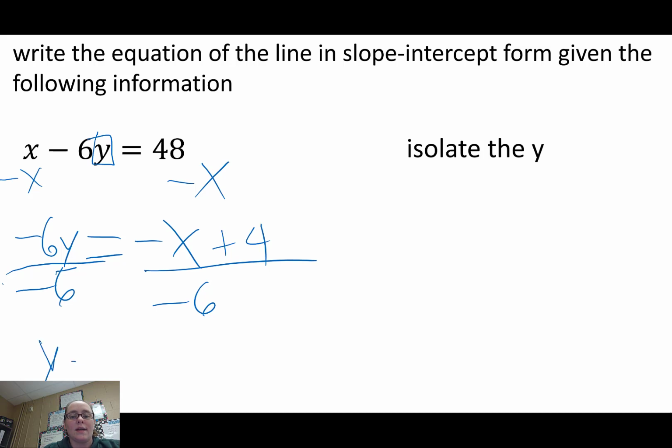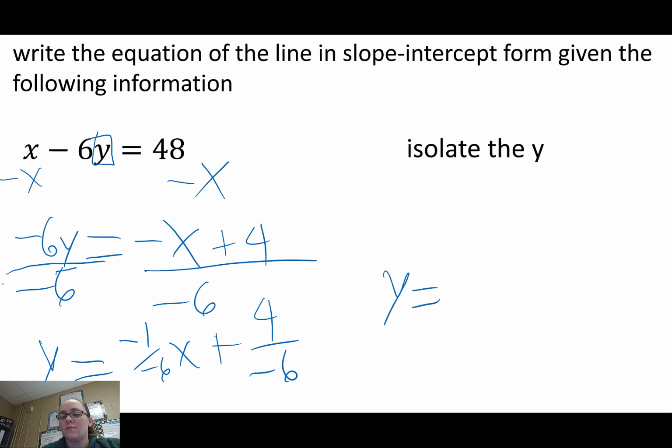And I get y is going to equal, well, I've got a negative 1 divided by negative 6x plus 48 divided by negative 6. So we can simplify, and I get y is equal to, whoops, 48, not 4.